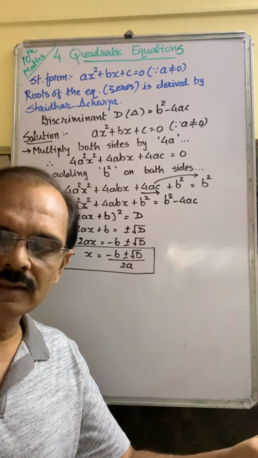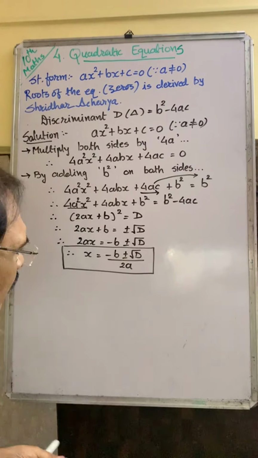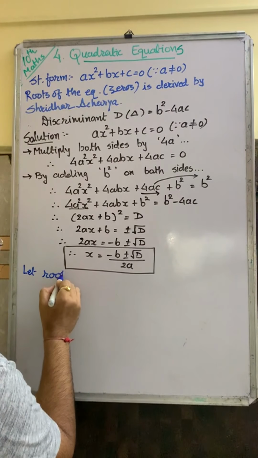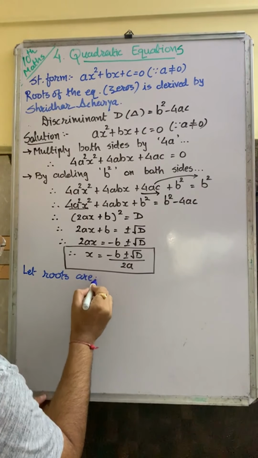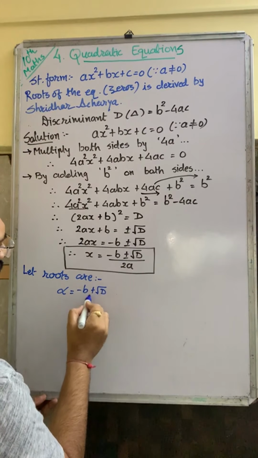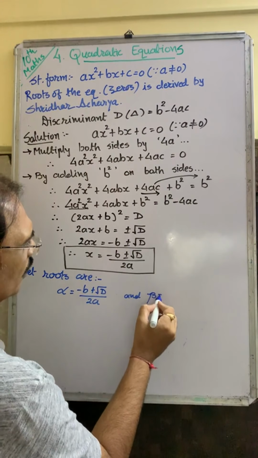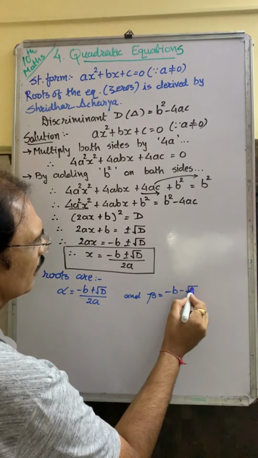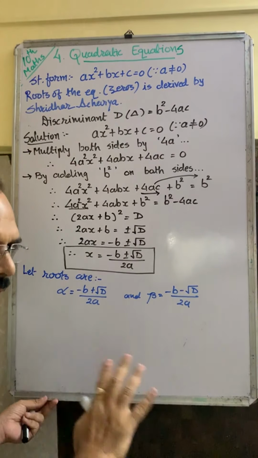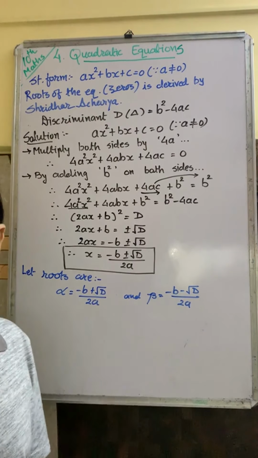You can take minus as alpha and plus as beta, this is up to you. But here we take the roots of the equation: alpha equals minus b plus root D upon 2a and beta equals minus b minus root D upon 2a. One time plus, one time minus, we separate it. We call the plus term alpha and the minus term beta.